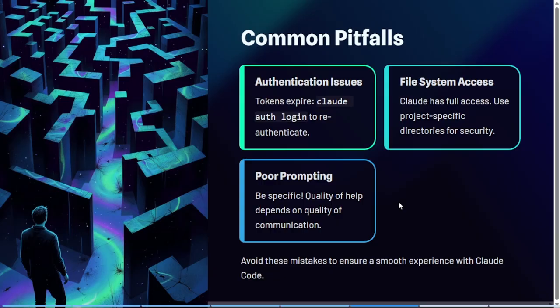If you say, fix the bug, it needs to know what the bug is and where the bug is. You see, the quality of Claude's help is directly proportional to the quality of your communication. You'll learn this as we go through the course, but I want to set this expectation now.